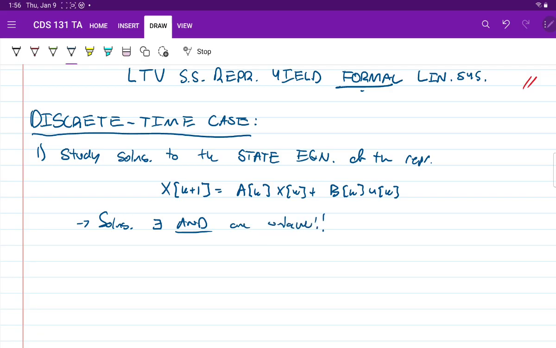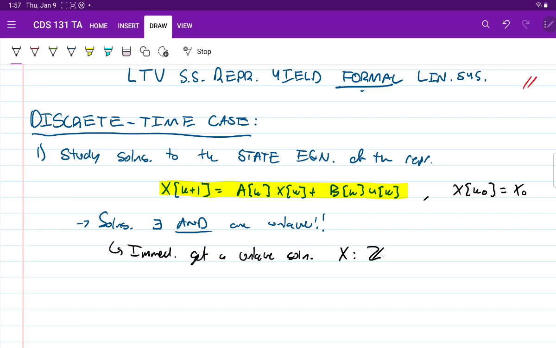And the reason for this is that we're always just directly specifying what the next step in our process is. So if I give you an initial value problem, I say I want this to be satisfied and I want x at time k naught to equal x naught, I'll immediately get a unique solution x, which goes from the integers k greater than or equal to k naught into Rn.